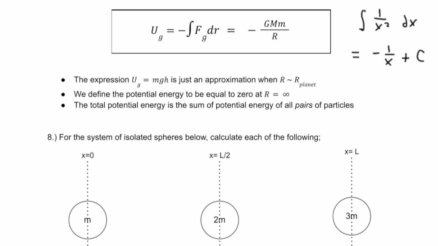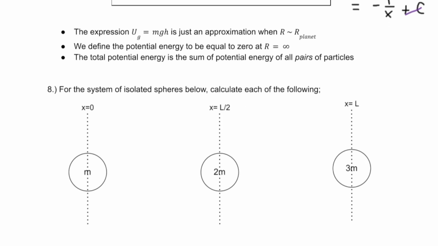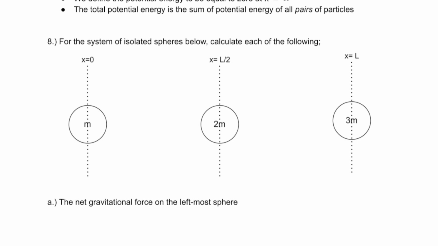And again, we define the 0 point of this energy to be at infinity, because that allows us to get rid of this constant right here. So we pick up a negative sign. Nothing wrong with that. Energy can be negative because really with potential, we're looking at differences. And it's really going to come in handy when we figure out what types of orbits occur based on the system's energy.